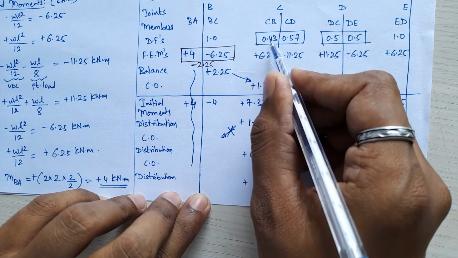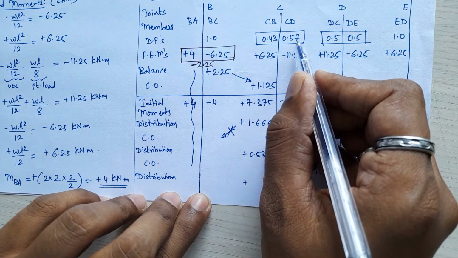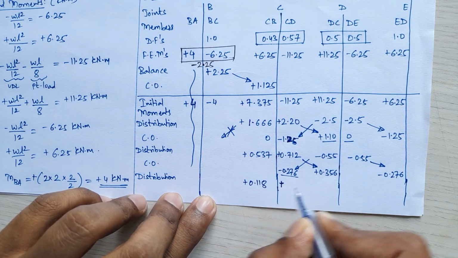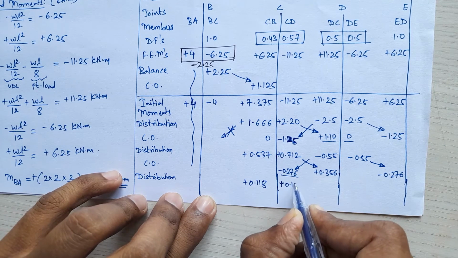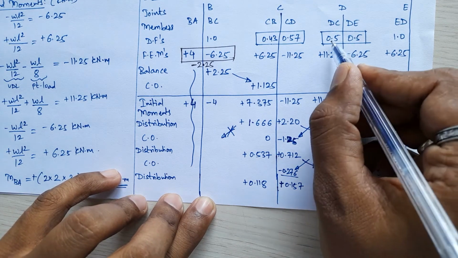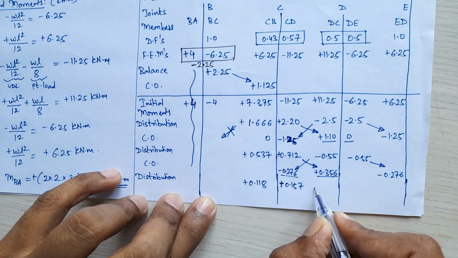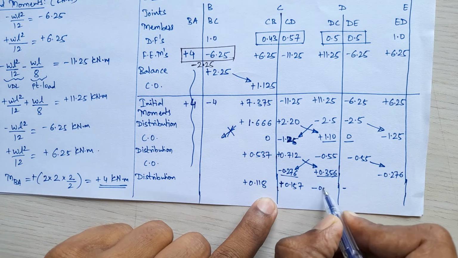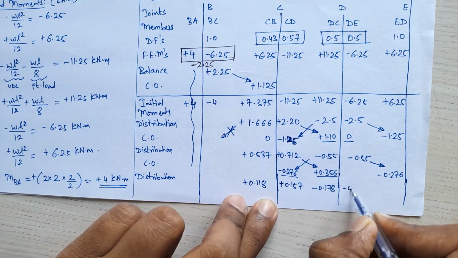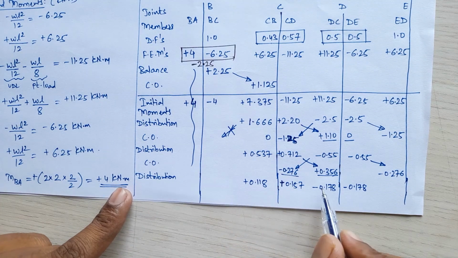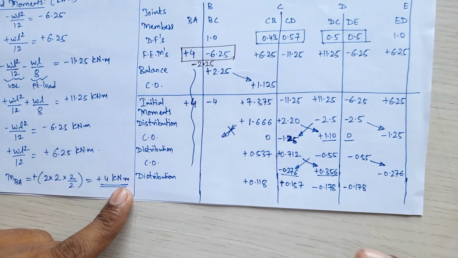So 0.276 into 0.43 and 0.57, I'll get that as 0.118, and this I'm getting as 0.157. Same way 0.356 I'll distribute for 0.5, 0.5. This is positive in nature, so distribution will be negative over here. I'll get that as 0.178 and again 0.178.